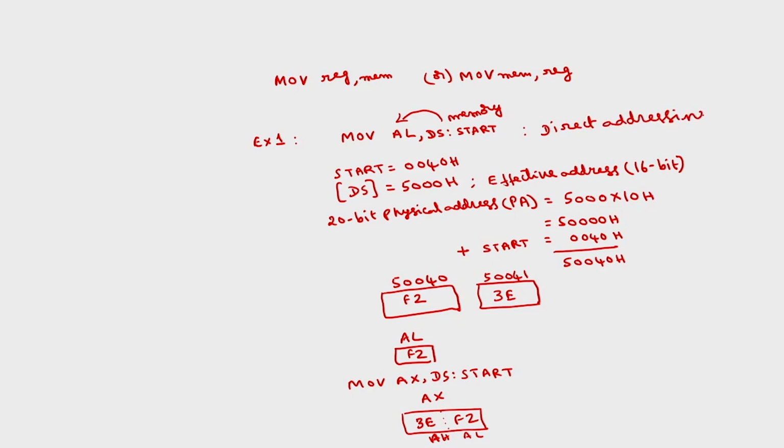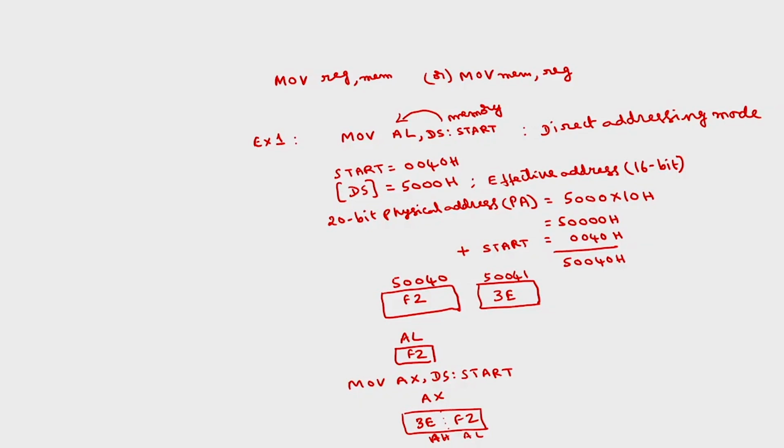In the direct addressing mode, the address of the memory location is specified in the instruction itself. This is one way to represent the memory. In any case, it can be from memory to register or register to memory. How to represent the memory location depends upon the way we access and compute it, so we have different addressing modes.